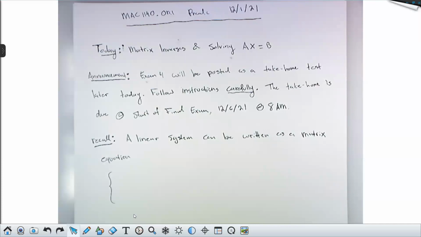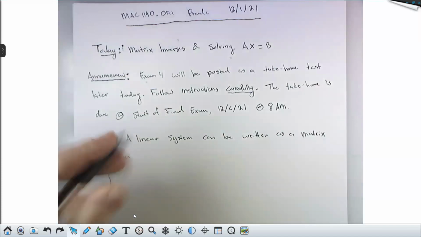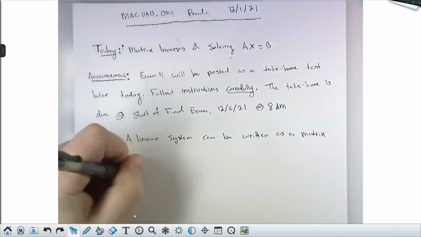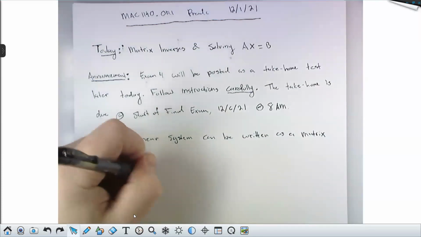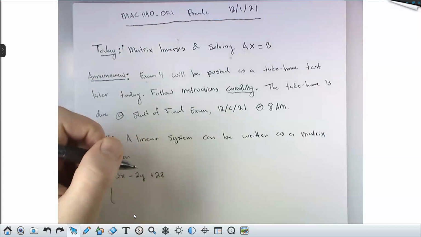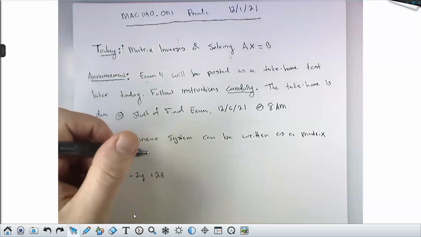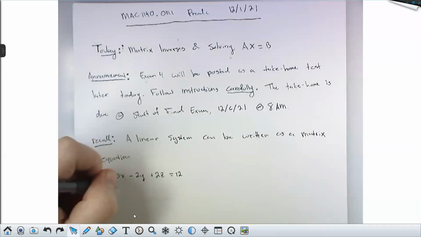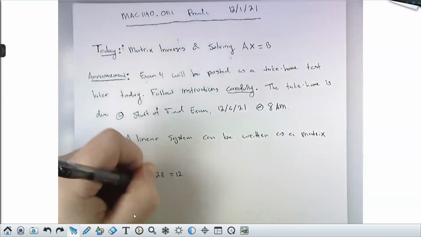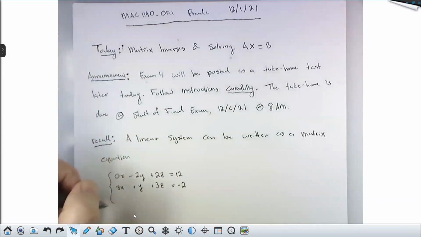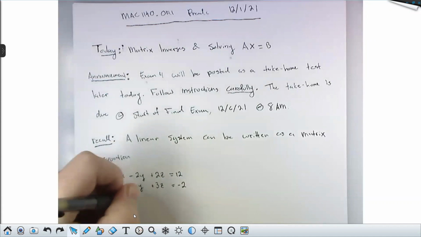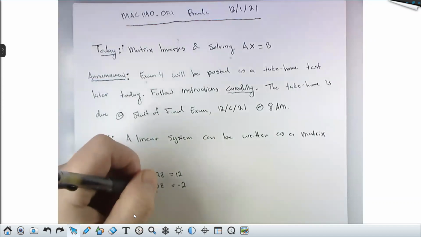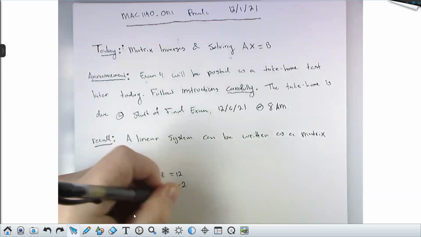So we'll take the linear system, for example, 0x minus 2y plus 2z is equal to 12, 3x plus y plus 3z is equal to -2, and x minus 2y plus 3z is equal to 8.